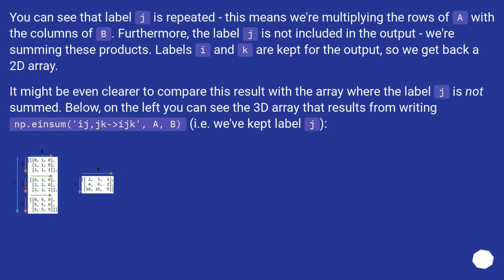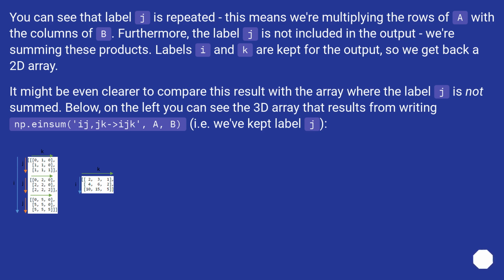You can see that label j is repeated. This means we're multiplying the rows of A with the columns of B. Furthermore, the label j is not included in the output. We're summing these products. Labels i and k are kept for the output, so we get back a 2D array.